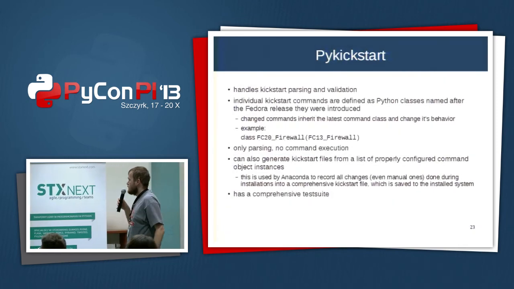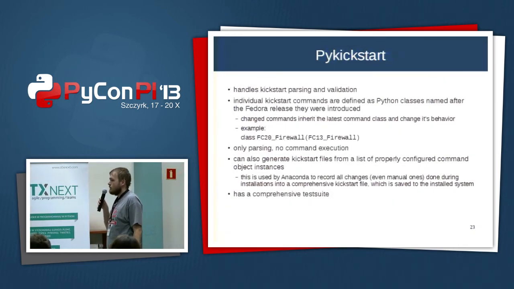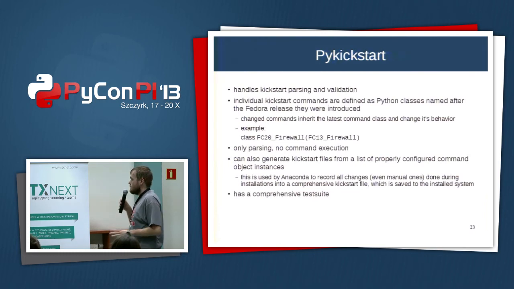One of these split libraries is the Pykickstart module. It's a handler for the Kickstart configuration language. It does Kickstart parsing. It's using, I think, optparse currently, and it takes the Kickstart text file as input and parses it to command class instances.